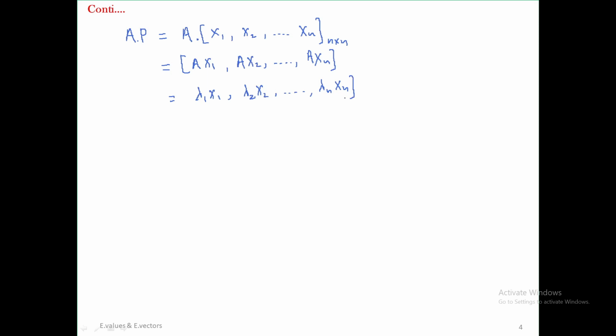By using equation numbers 1 to n, all these equations I am using.